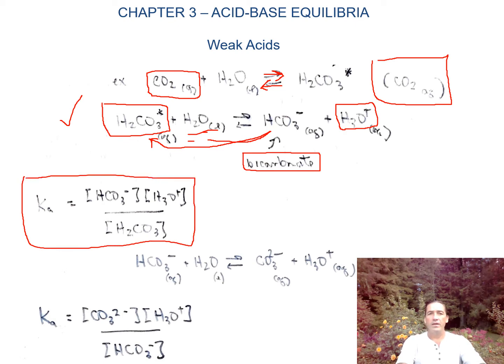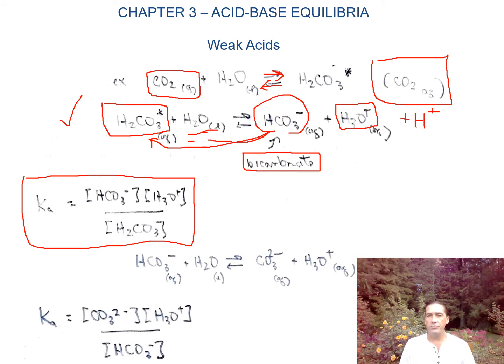So note here, if I added H plus to this system, what would happen to the equilibrium? How would it shift? Well, if I added H plus to this system, it would shift to the left. And what would happen is the bicarbonate would convert back to carbonic acid. And so in doing so, the H plus reacts with bicarbonate and disappears.